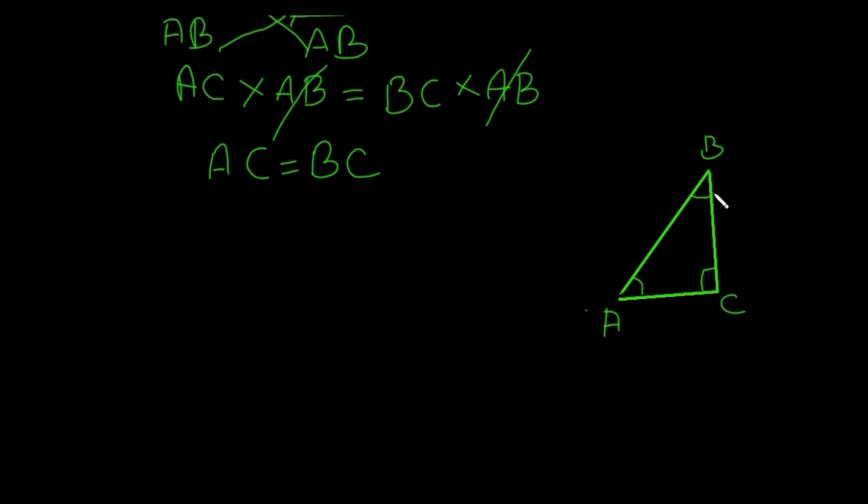Since we have proved that AC is equal to BC, it satisfies the isosceles triangle property, stating that if the sides AC and BC are equal, then angle A is equal to angle B. So hence proved that angle A is equal to angle B.